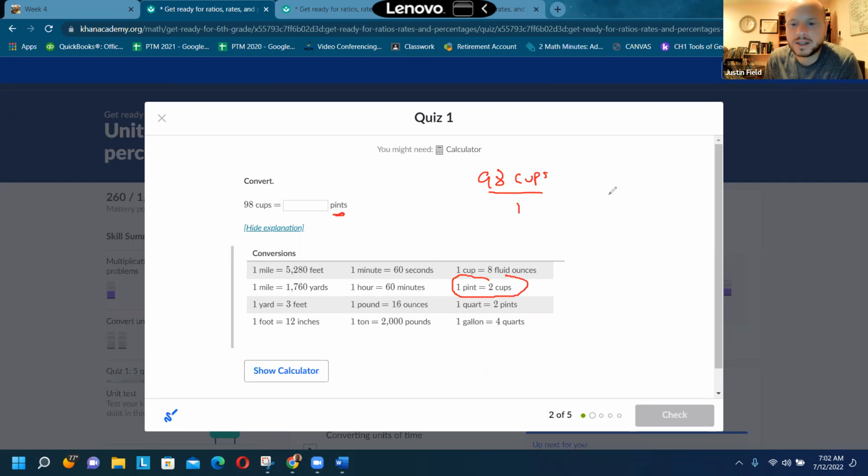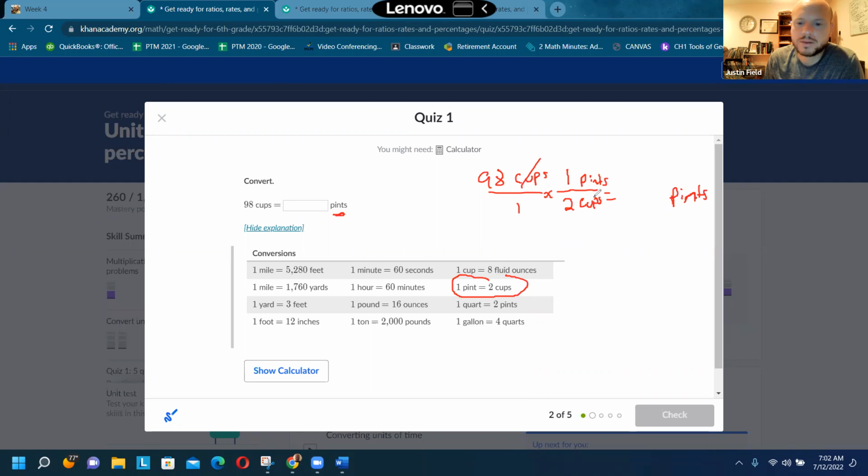We want pints to be in our final answer. So we are going to multiply this so that cups is on the bottom and pints is on the top. See how this helps us? Maybe not. And so 1 pint is 2 cups.